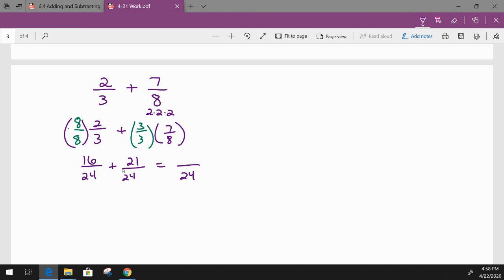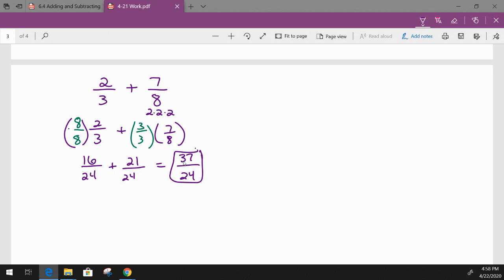So if you add 16 and 21 together, you're going to get 37. So at this point, you would ask yourself now, can you reduce this fraction, 37 over 24? Or do either one of these numbers have a common factor? In this case, the answer would be no, because 37 is a prime number. So we are done adding this fraction.